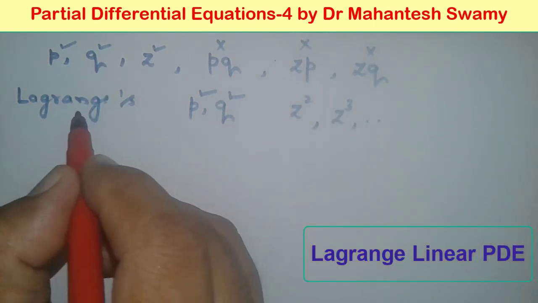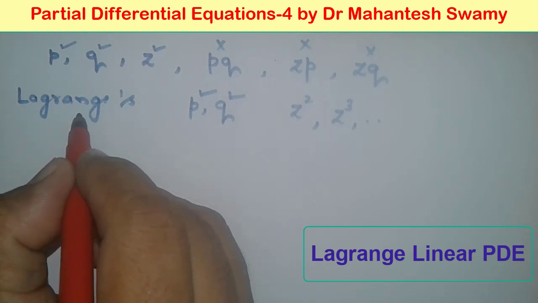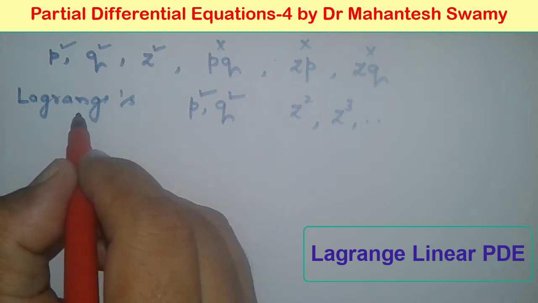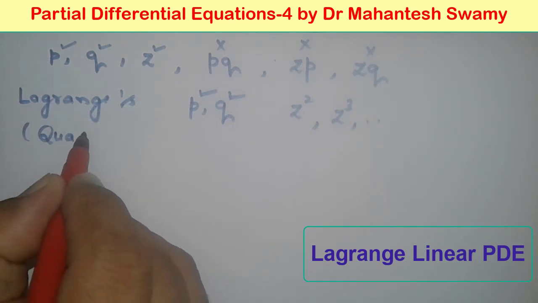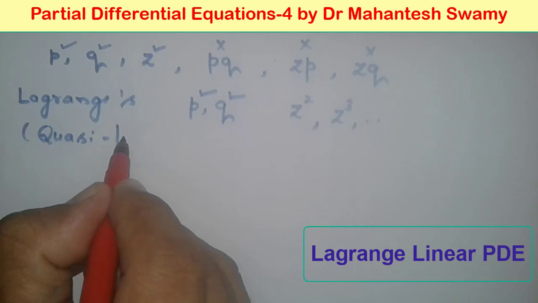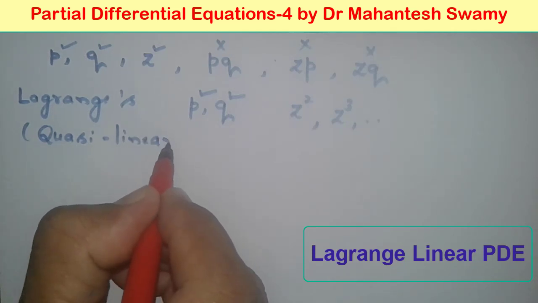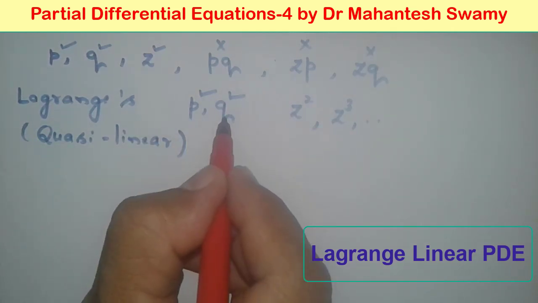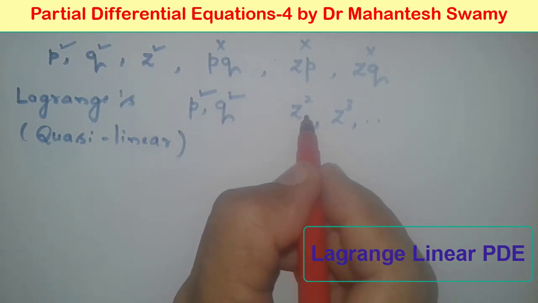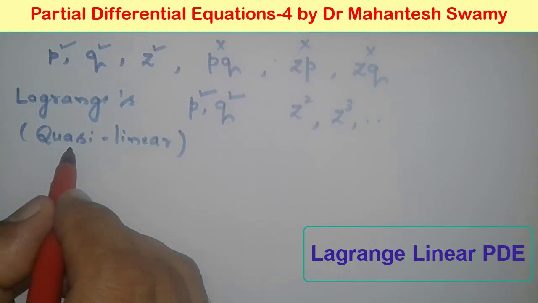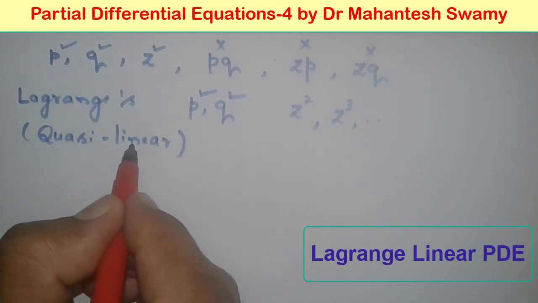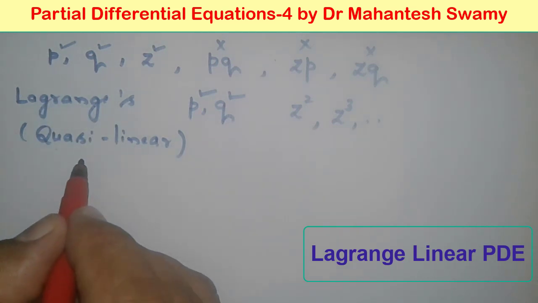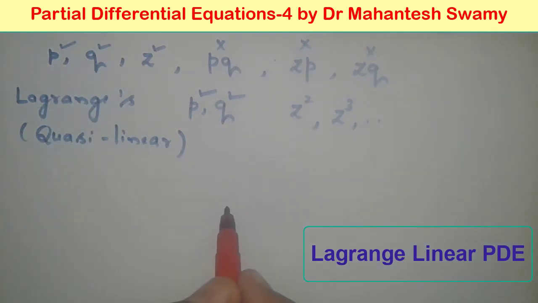Therefore the Lagrange linear PDE is a quasi-linear PDE. It is called a quasi-linear PDE because it is linear only in the terms p and q. It is not linear in the term z, the dependent variable. Therefore Lagrange linear PDE is not a full linear PDE, it is a quasi-linear PDE. So this is all about the introduction of Lagrange linear PDE.